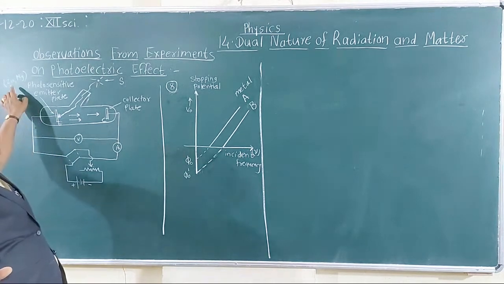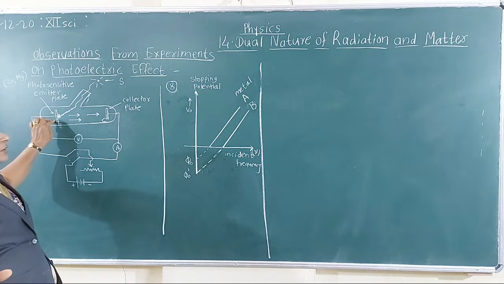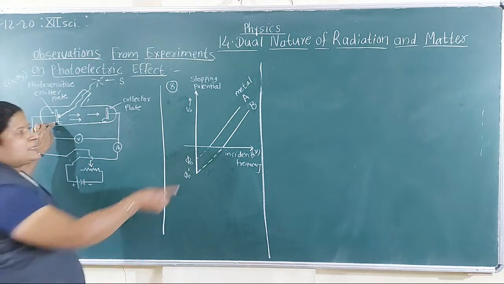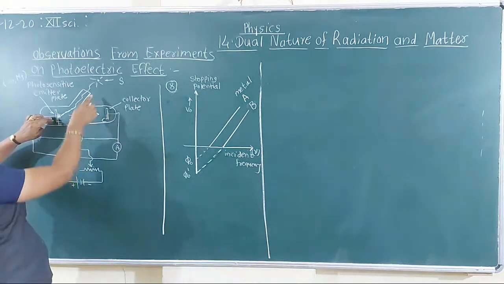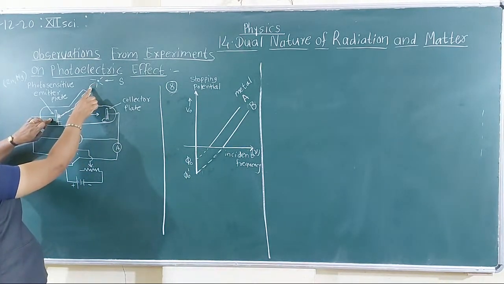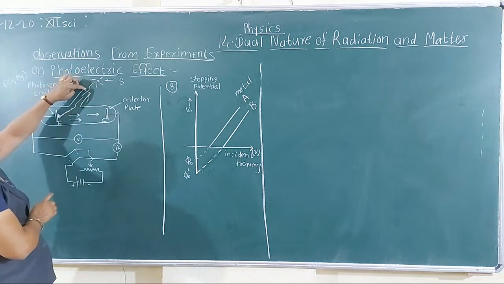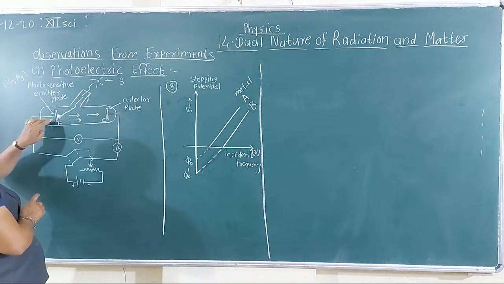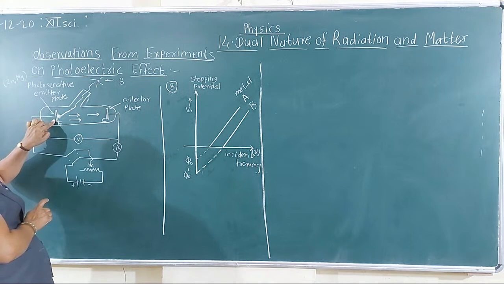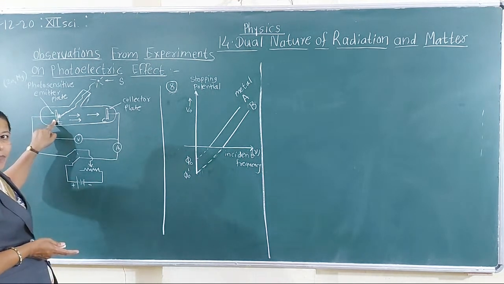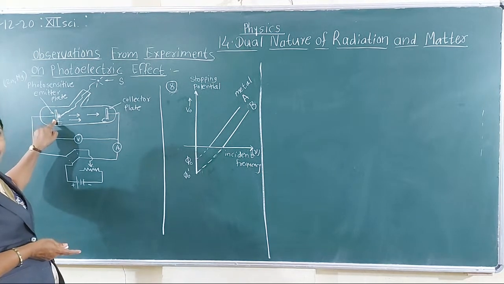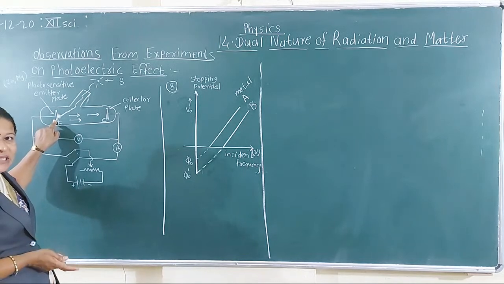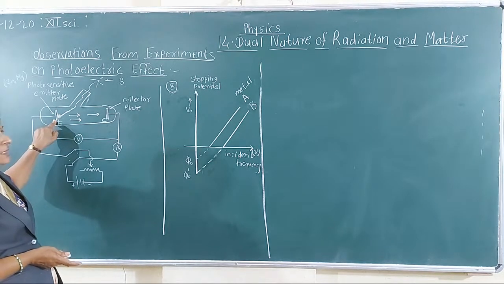If we take a zinc plate here, suppose this is metal A, what happens when the incident radiation falls on this zinc emitter plate? Different metals have different frequencies of ejection of electrons.